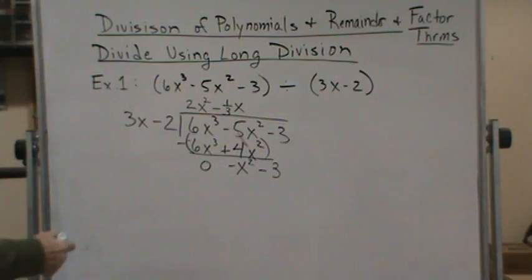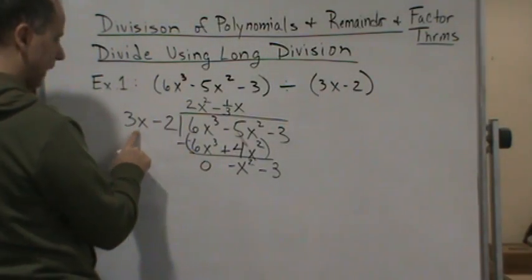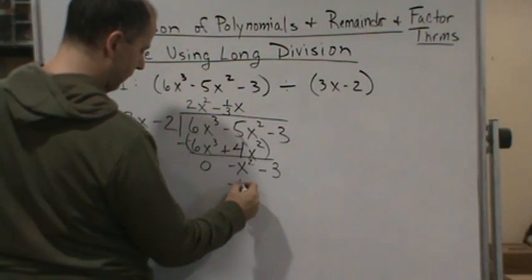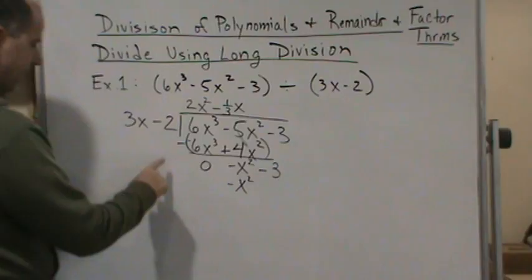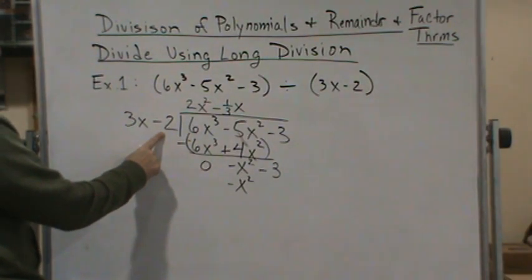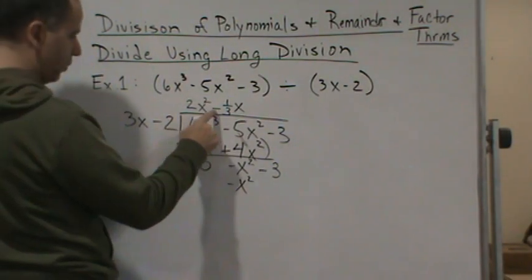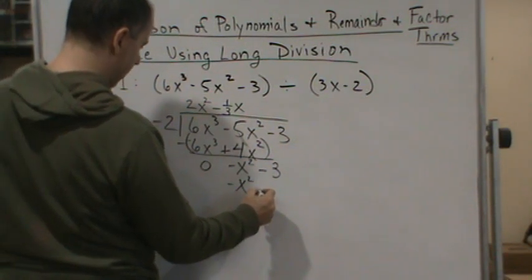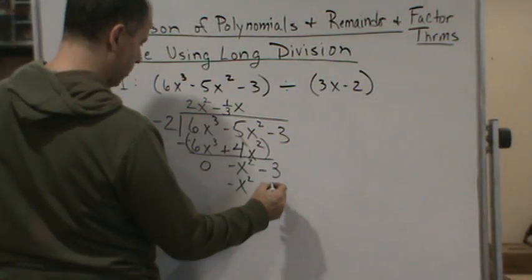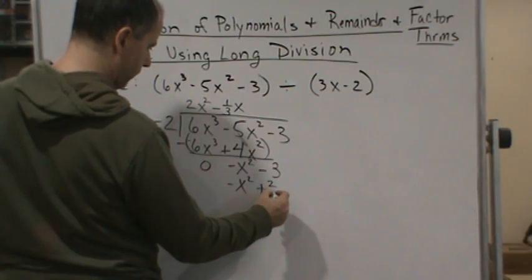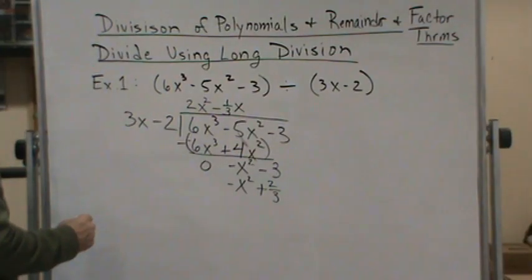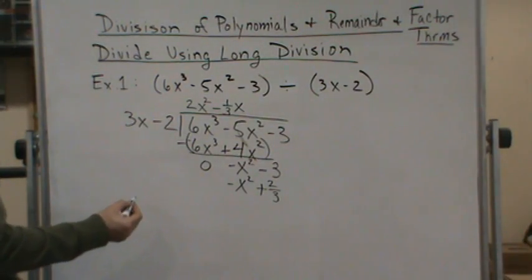So when I multiply 3x times negative 1/3 x, I'm going to get negative x squared. Now I'm going to multiply again by negative 2, and negative 2 times negative 1/3 is going to give me positive 2/3 x.